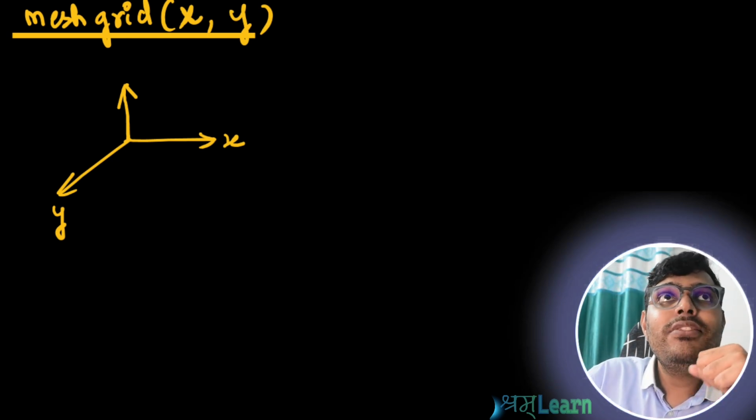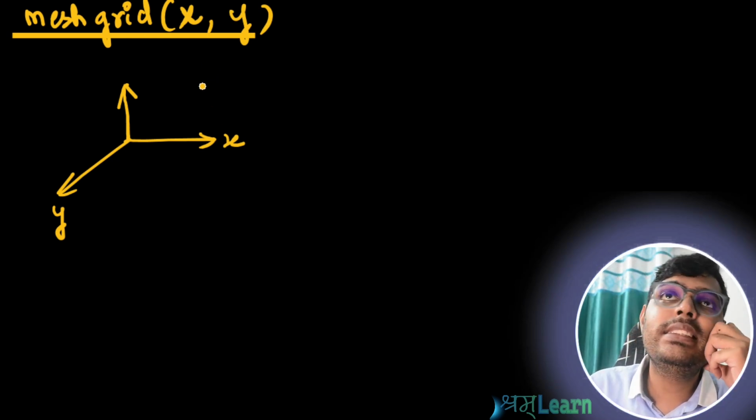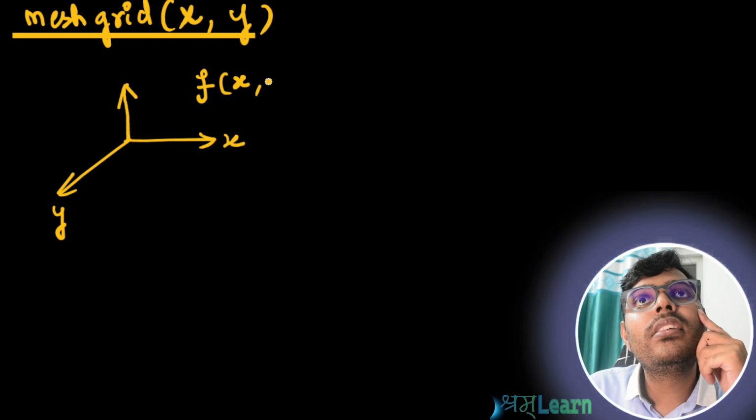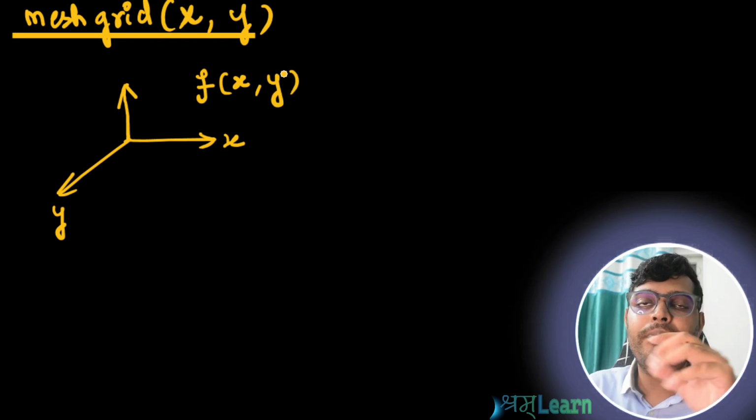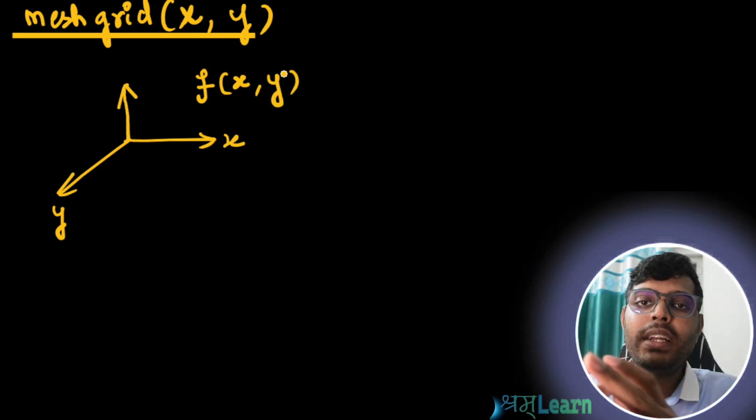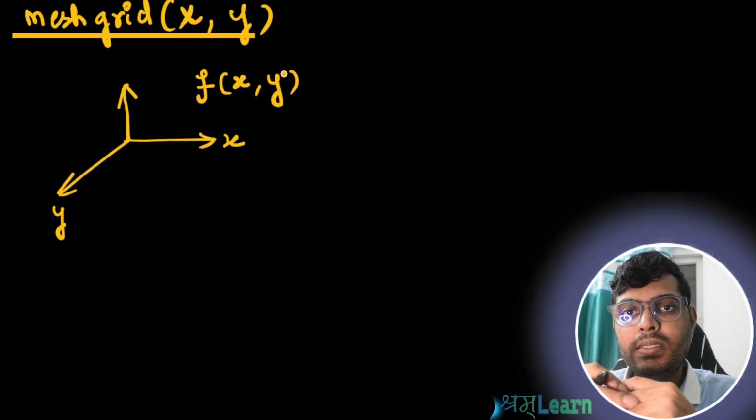So the function we are interested in has the shape f of x comma y. It depends on two variables.